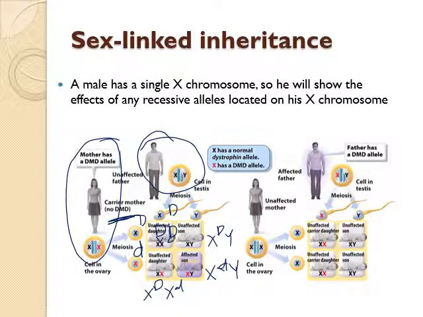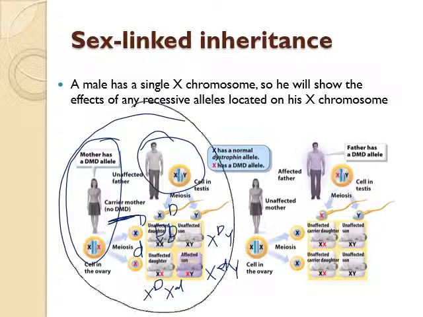The probability for this one is 0%. You will not have an affected daughter because dad would have to have that recessive allele in order to pass it on. But you have a 50% chance of having a carrier daughter.